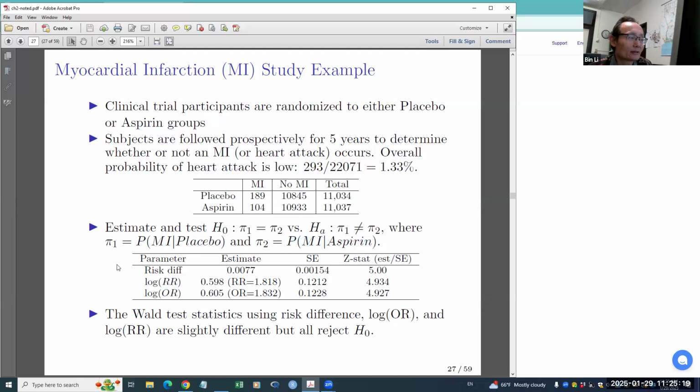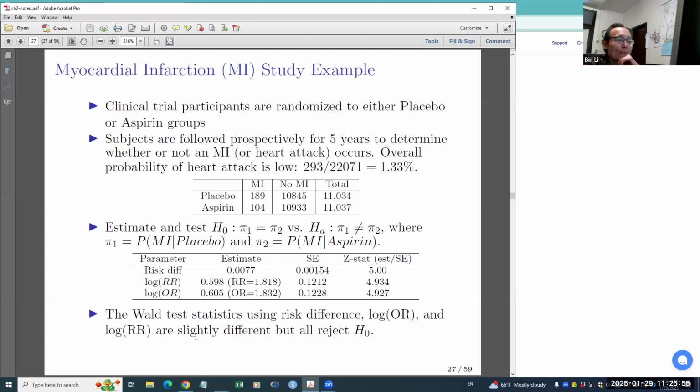From this data, we can find the risk difference, just pi1 hat minus pi2 hat. We got this. The standard error is here. The z statistic is 5.0. We can also do it using the relative risk, and the z statistic is here. The odds ratio is this, and the standard error is here.